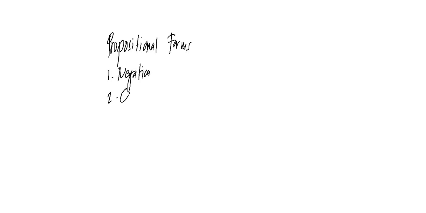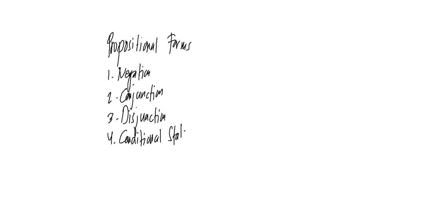Our different propositional forms are our negation, conjunction, disjunction, the conditional statement or the implication, which has converse, inverse, and contrapositive, and we have our biconditional statement. Here are our propositional forms.